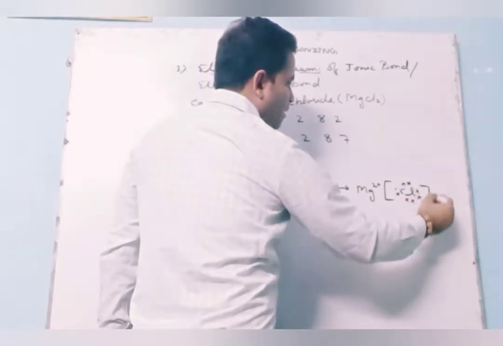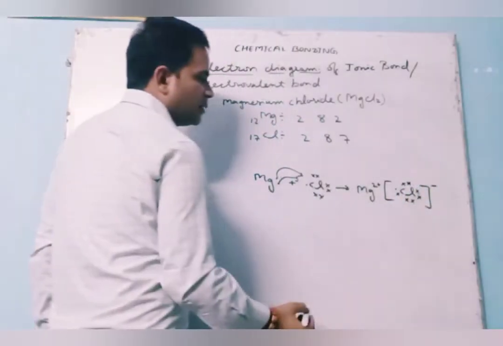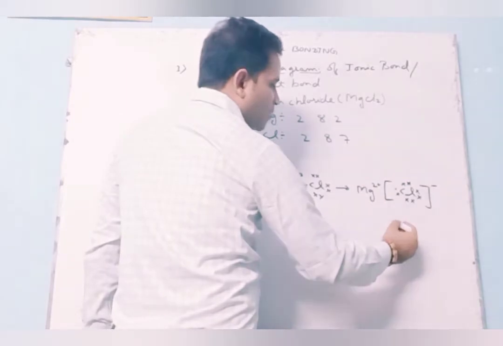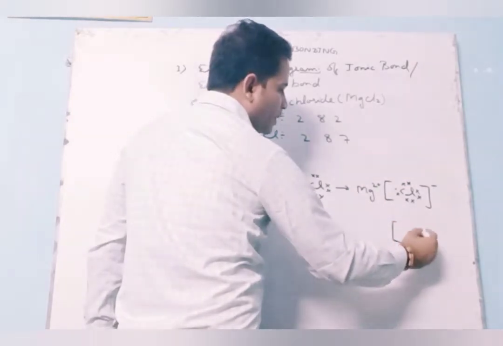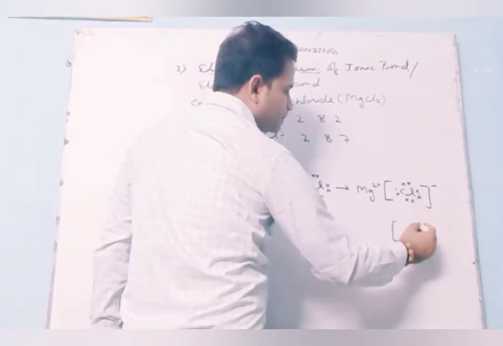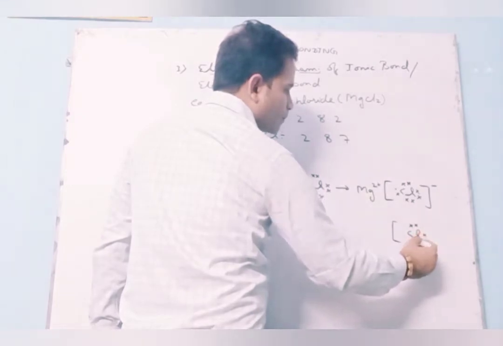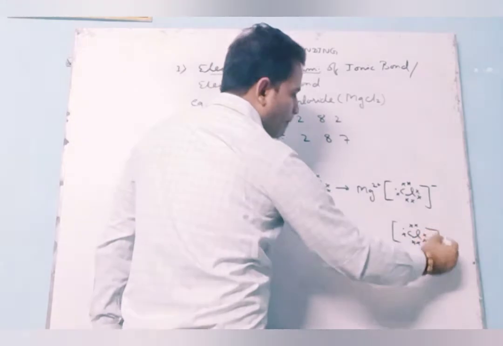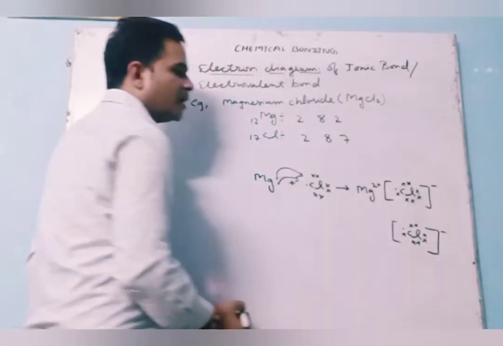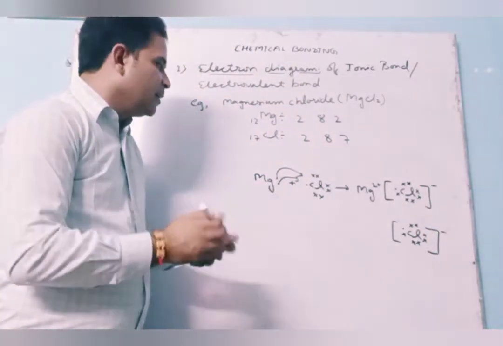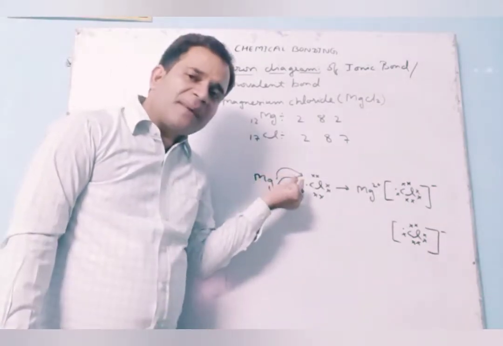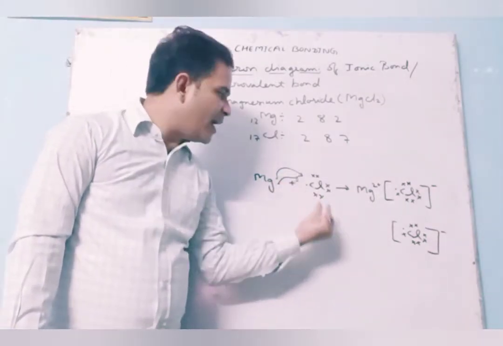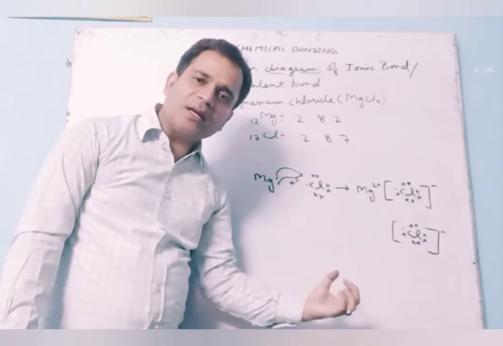One chlorine gains here and the second chlorine also gains. So here the 2 electrons are lost by the magnesium, while the chlorines gain 2 electrons.